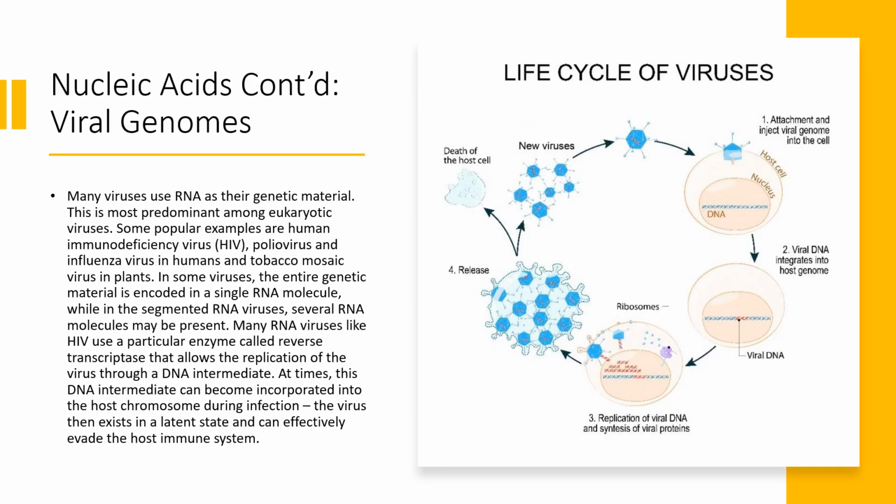Let us now discuss viral genomes. Many viruses use RNA as their genetic material. This is predominant amongst eukaryotic viruses. Some popular examples are human immunodeficiency virus, HIV, poliovirus, and influenza virus in humans, and tobacco mosaic virus in plants.